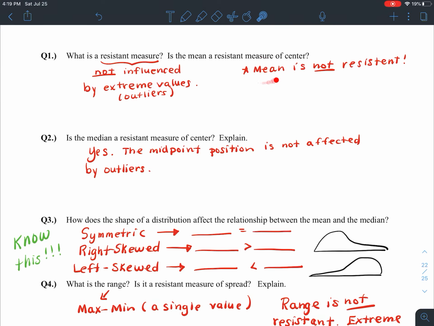It will definitely change if you throw an outlier in there. It is highly affected by extreme values. The median, however, is very resistant, because the very midpoint position is not really affected by what's happening on the outside edges of your distribution. The median is in the middle.